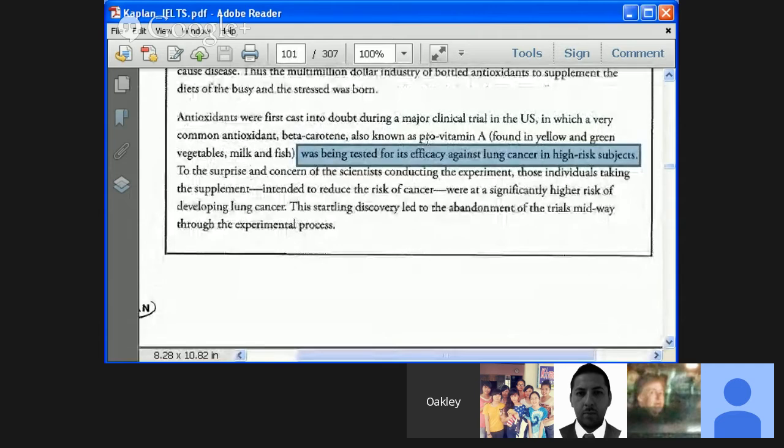Right. And here, my friends, is a classic example of IELTS messing with your minds. Because here in the reading, a major clinical trial. What is that, Ken? What is a clinical trial? Maybe a trial related to the medical field. Jang, do you know what a clinical trial is?